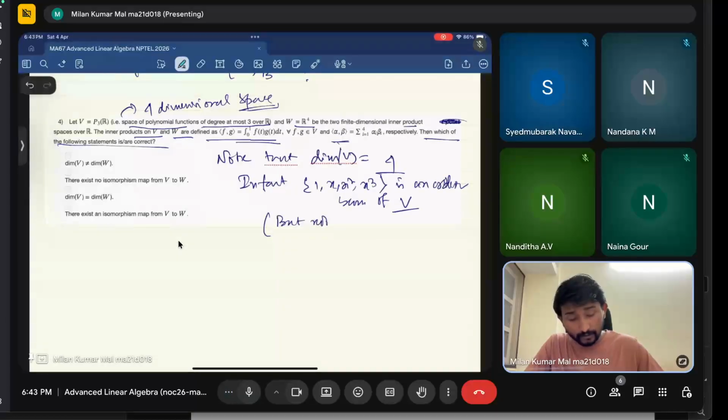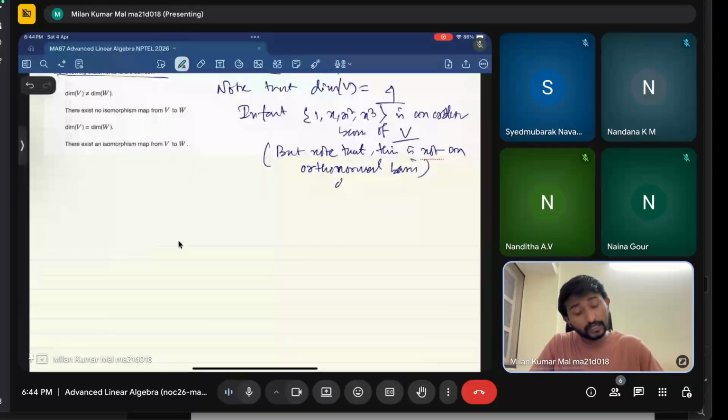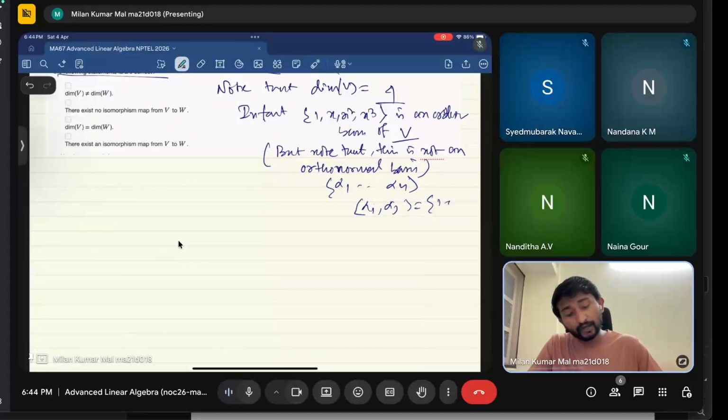Note that this is not an orthonormal basis. So what is an orthonormal basis? Maybe not needed here, I'm just trying to remind you. An orthonormal basis has to be an ordered basis with the additional fact that the inner product of alpha i and alpha j has to be equal to 1 if i equals j and 0 if i not equal to j.